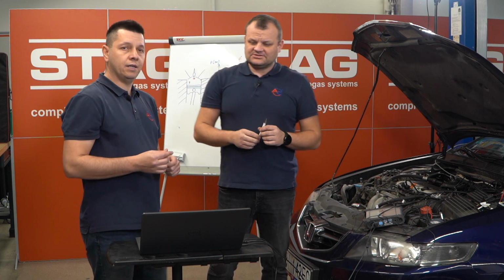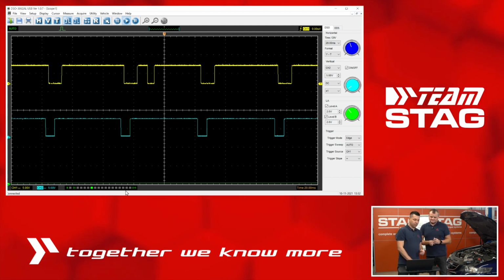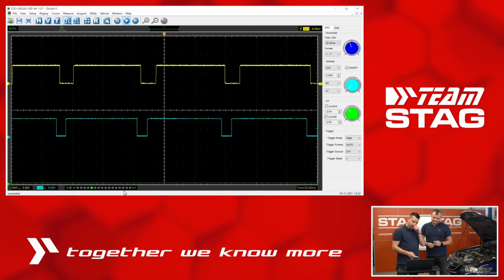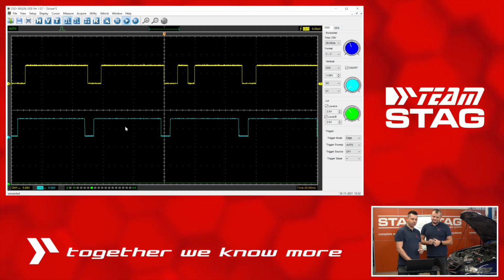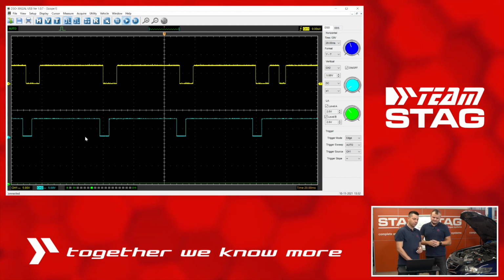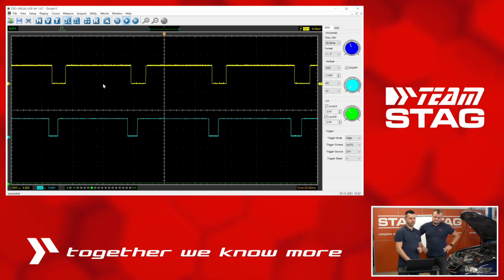Let's share the screen, please. Now we have the signal on the external oscilloscope. Here you have the two graphs, the camshaft position sensor on the inlet and on the exhaust side.